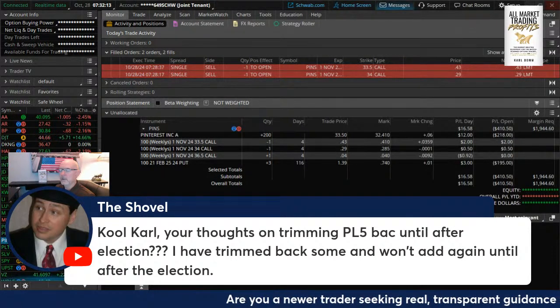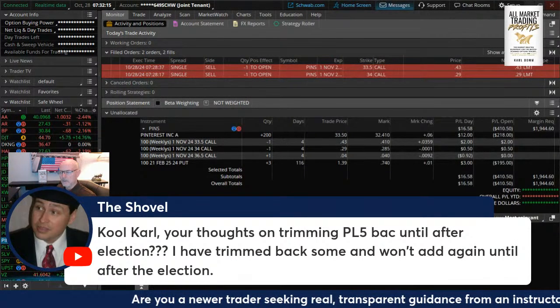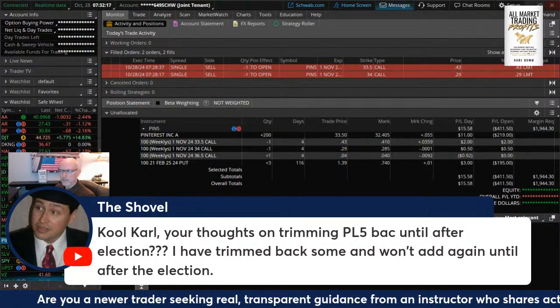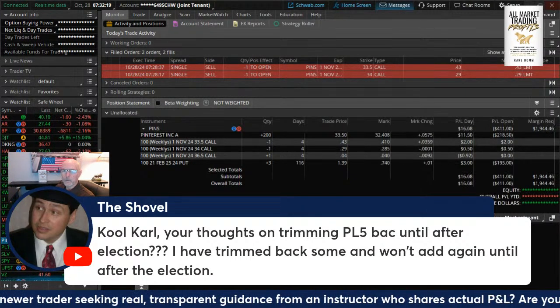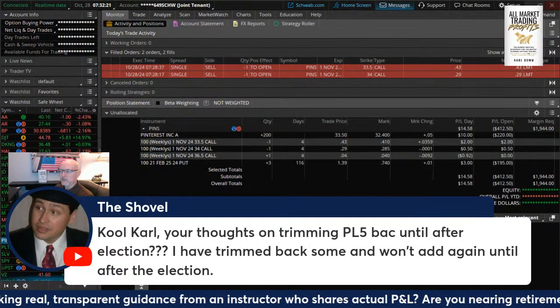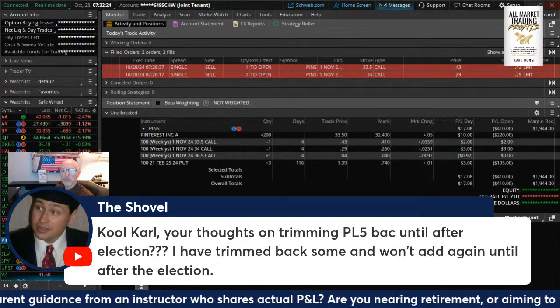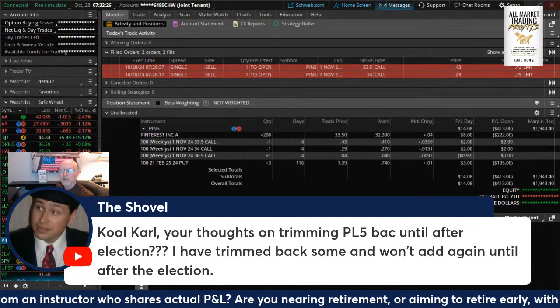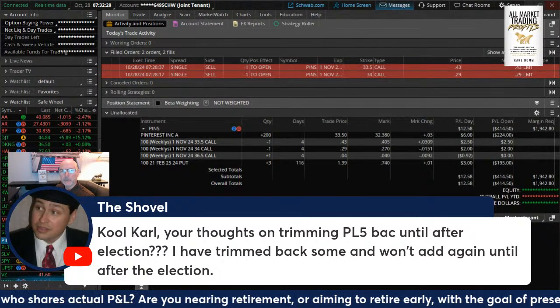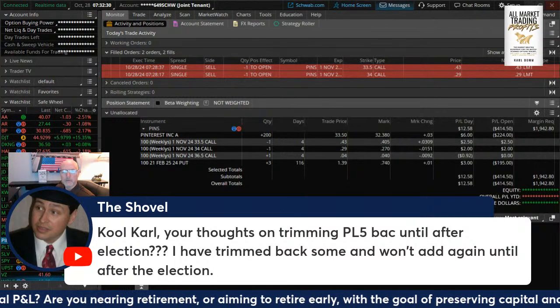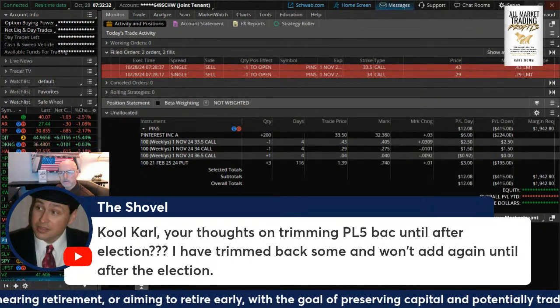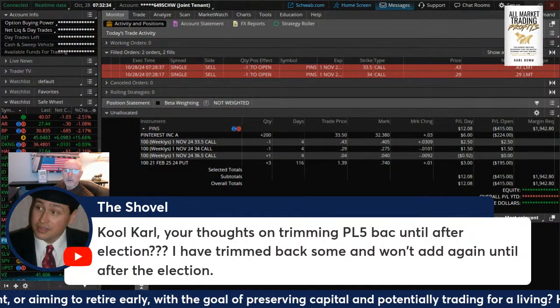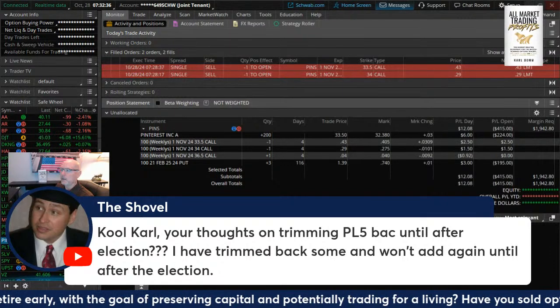You're probably going to have either a vol spike or a vol decrease, and you don't know which one's going to happen. Therefore, why would I make a decision based on that? I just keep things mechanical, and I don't use any fundamental analysis or technical analysis to make my decisions. So I'm running the program as if there's not an election coming up.